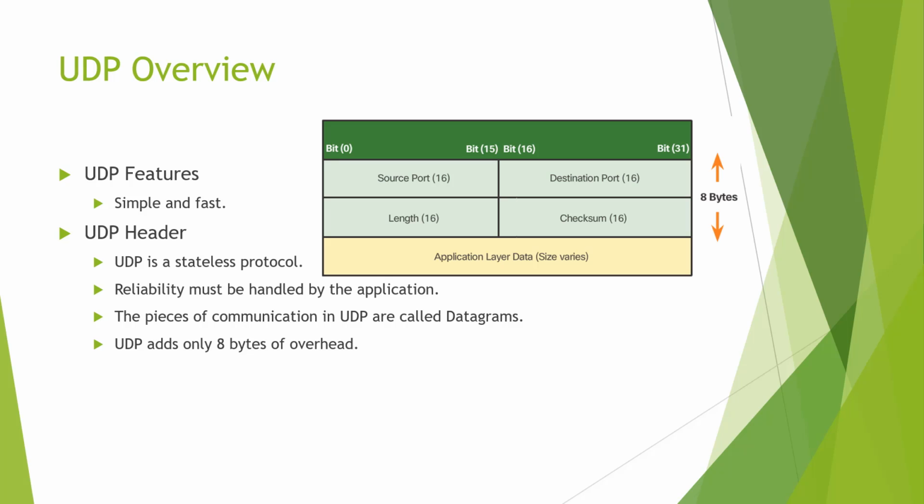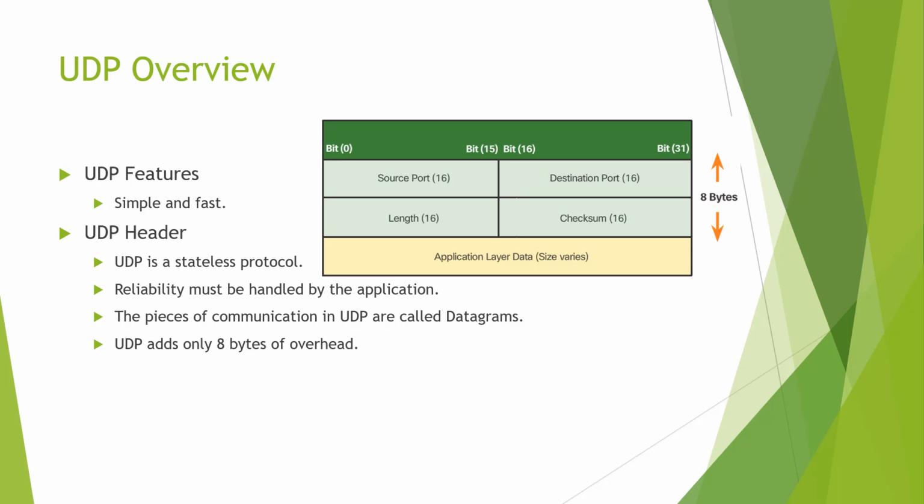Here's the header. We have a source and destination, each 16 bits. We have a length and a checksum, and after that, everything is just data. So we have a total of 8 bytes for our overall header.